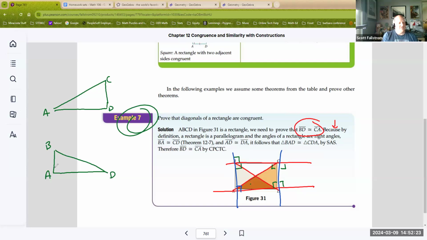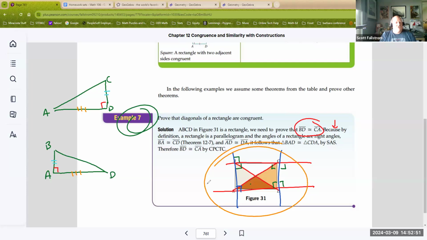I want to be able to say, here's a right angle, there's a right angle. Opposite sides are congruent. That's one of the properties of that parallelogram, which means opposite sides, BA is opposite to CD. And then maybe you'd even say, well, wait a minute, Scott, isn't this shape down here the exact same as this shape right there? Because it is AD. And I'd say yes.